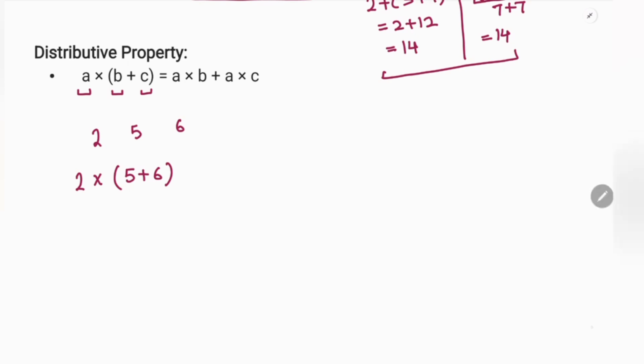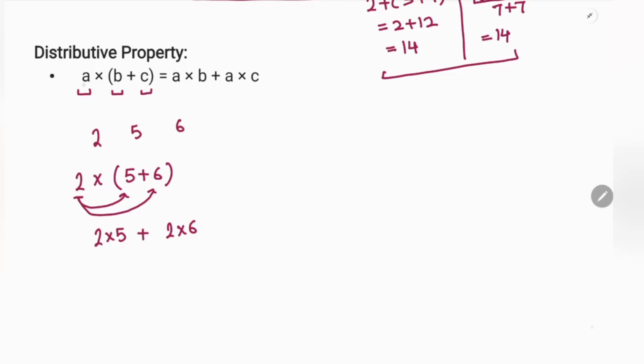Whatever we have outside the bracket, we will multiply that with every number inside. So 2 I will multiply with 5 plus 2 I will multiply with 6. This is nothing but distributive property.